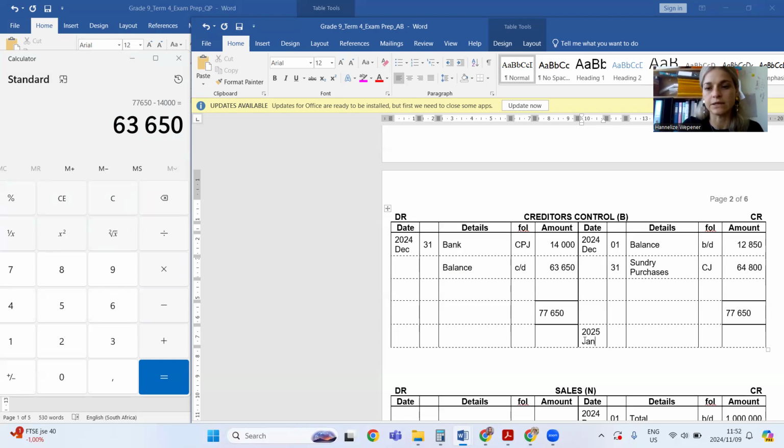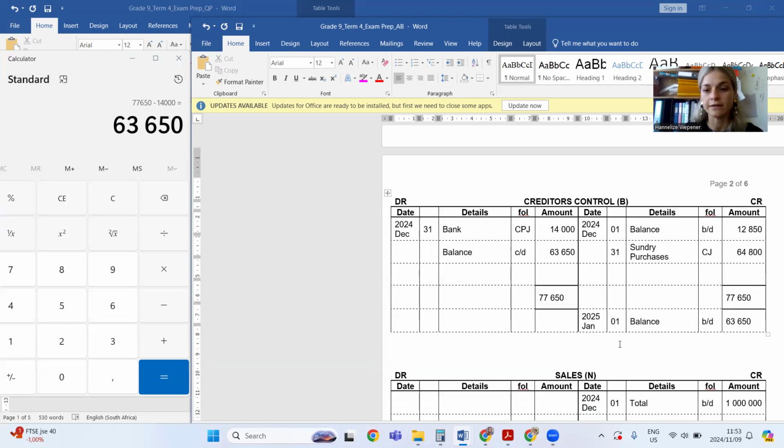I'm still going to August. So balance brought down 63,650. In other words, we haven't yet paid our creditors 63,650 Rand. It's a lot that we still owe them. So hopefully we'll pay them in January.